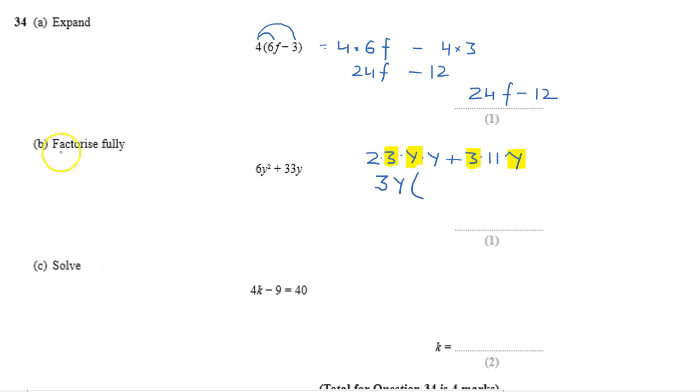Now we use the bracket because we have to factorize it. 2y plus 11. So 3y and 2y plus 11. So that is the factorization.